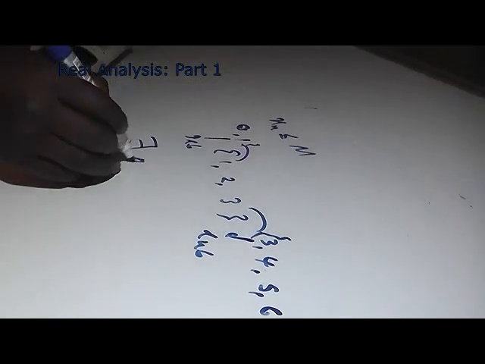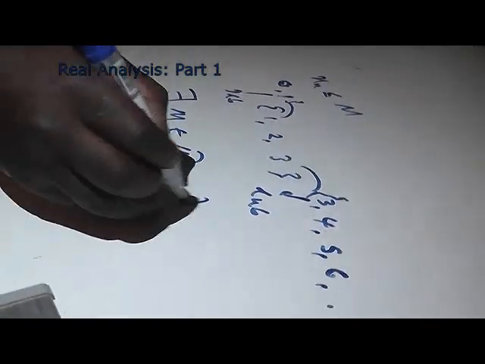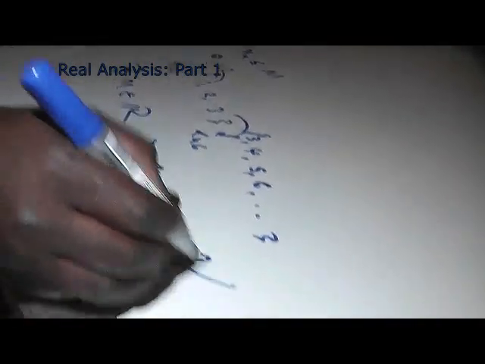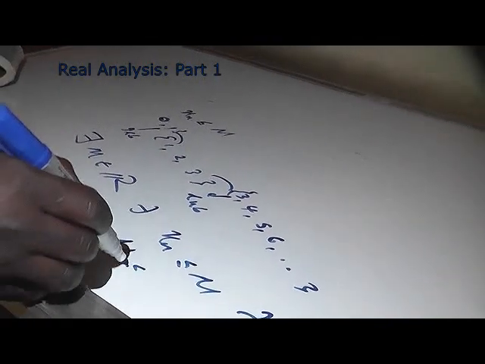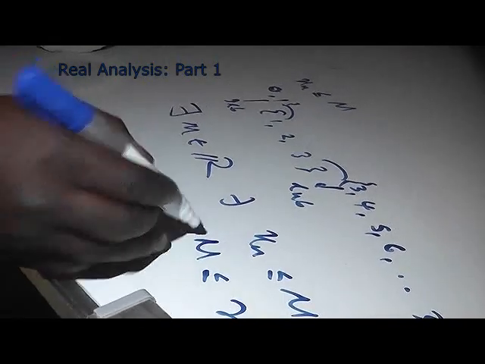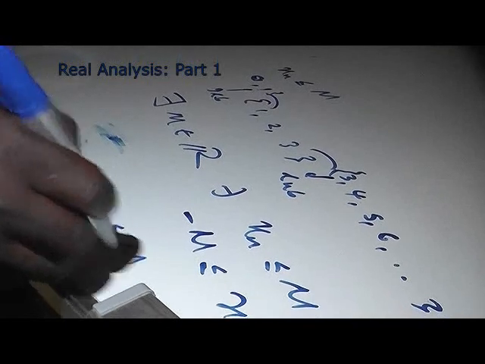So if there exists an m belonging to the set of real numbers such that xn is less than or equal to m for all n in the set of natural numbers, then this sequence is bounded from above. If m is less than or equal to xn, it is bounded from below. Now, to combine these two, we have minus m is less than or equal to xn, less than or equal to m.